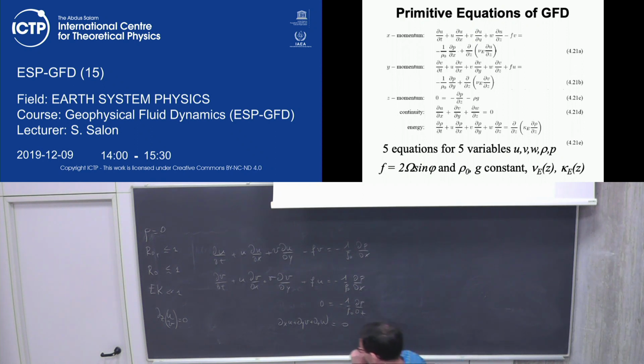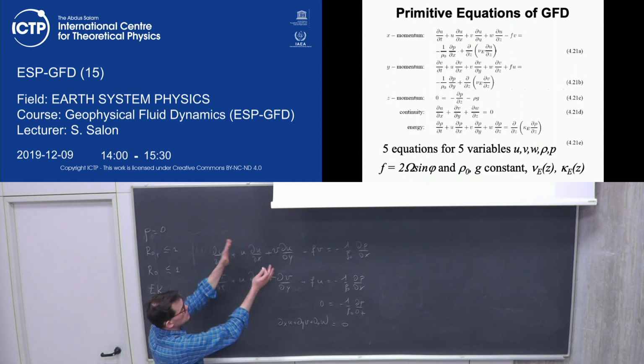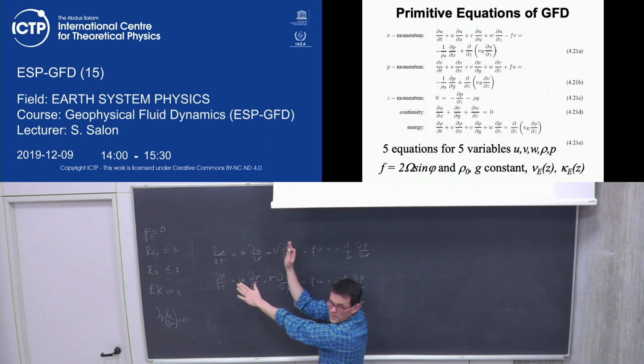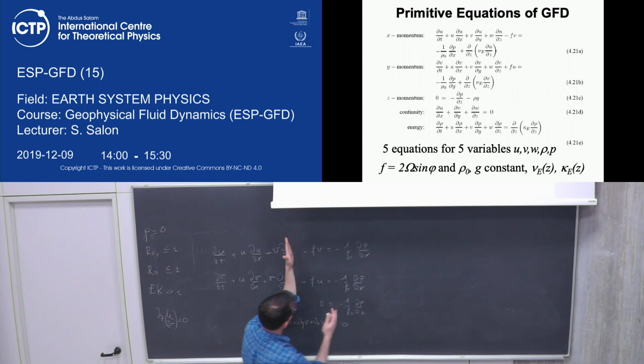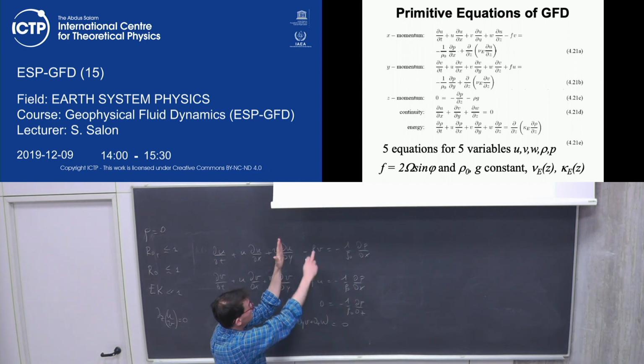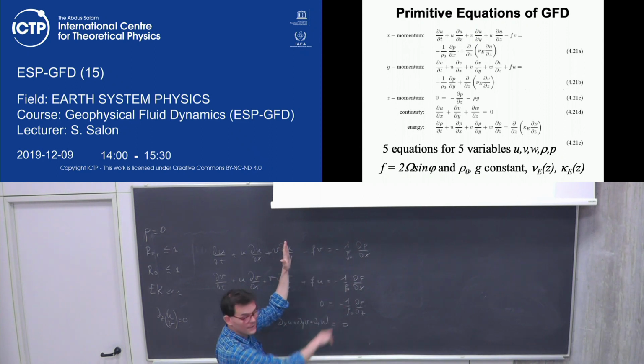So we made a good advancement with respect to geostrophic, because geostrophy is all without this one. Okay, so geostrophy is this one. If we solve u and v, we will have the geostrophy.